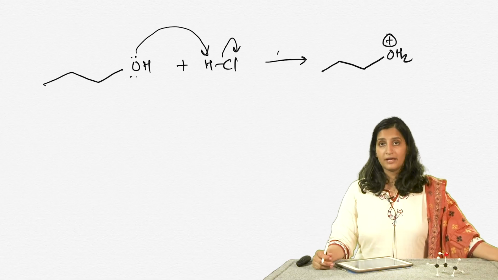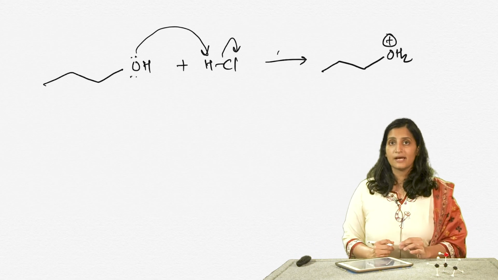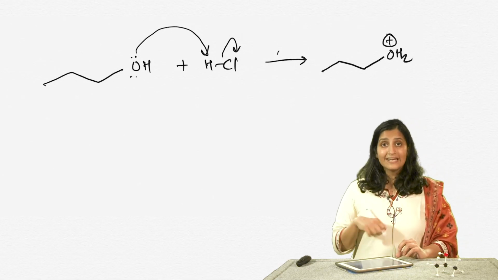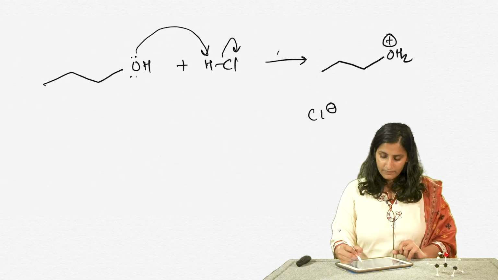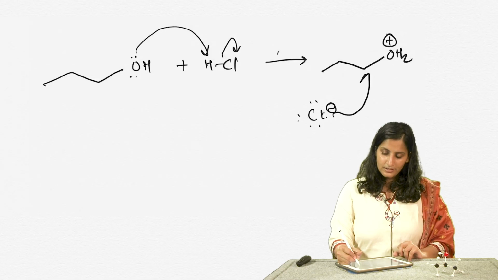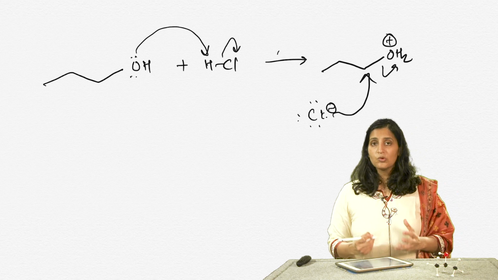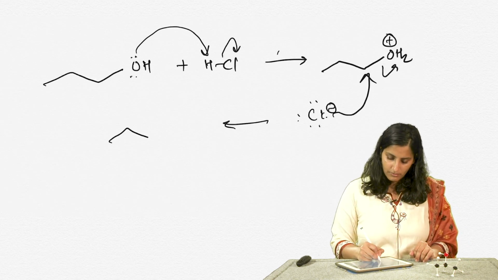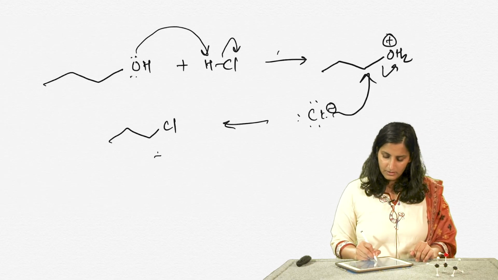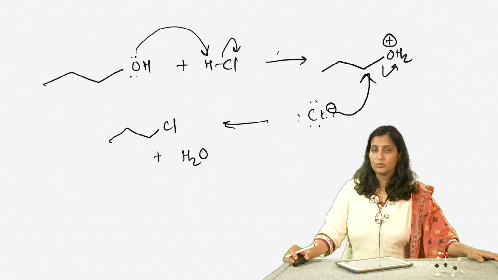This oxonium ion is thus not going to take part in SN1 chemistry. Instead, what will happen is that the chloride ion that escaped will come back and attack this carbon and kick out the leaving group. So, this is more like an SN2 type of chemistry, and what you will create here will be the chloride product and the water molecule that leaves as a good leaving group.